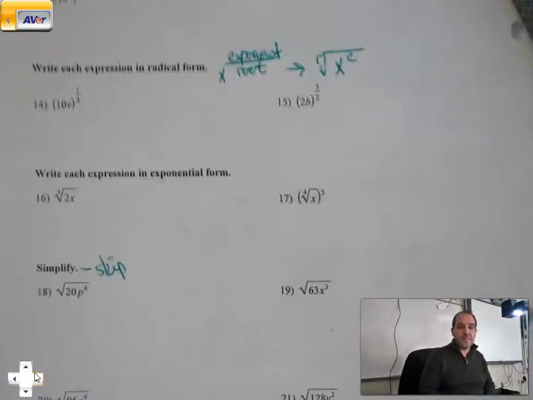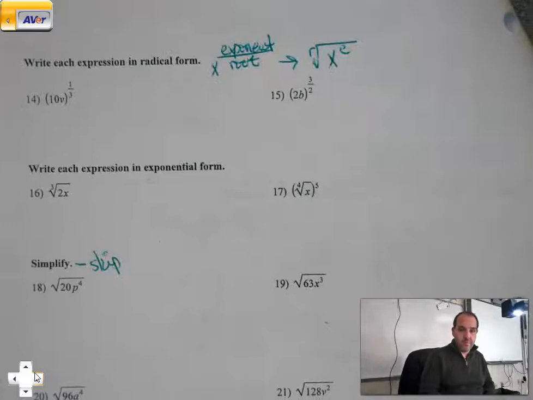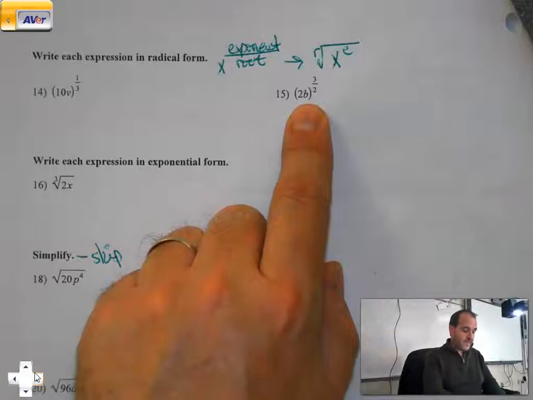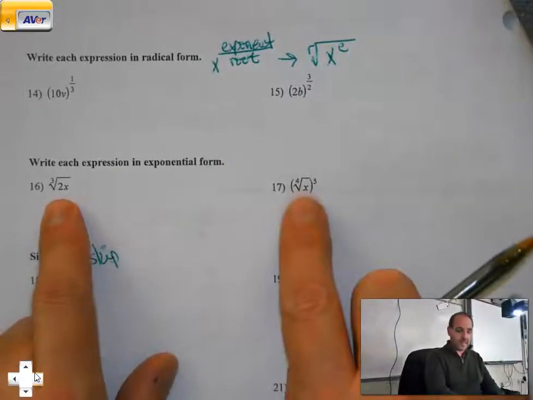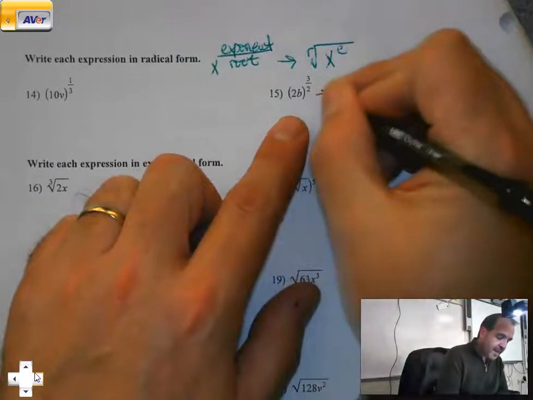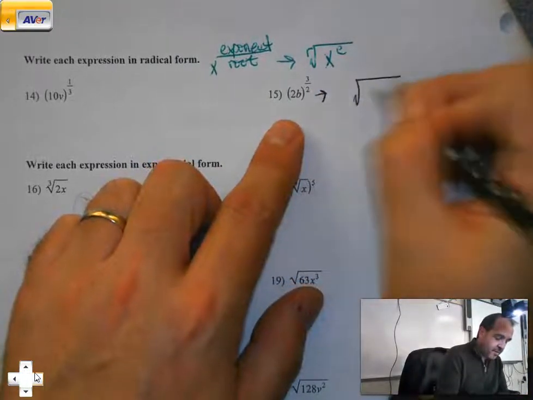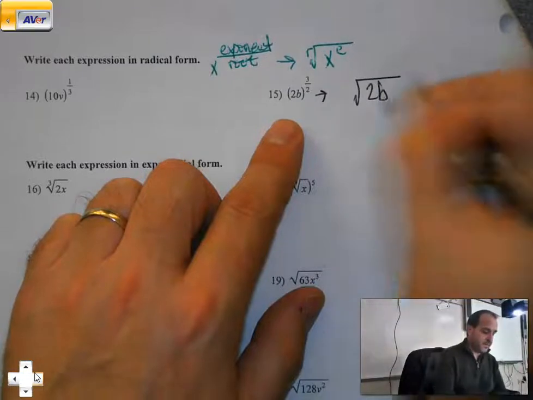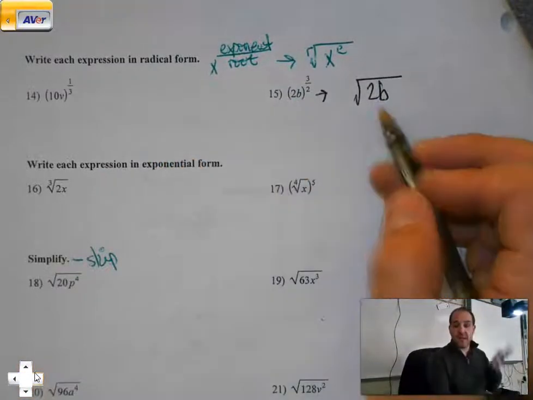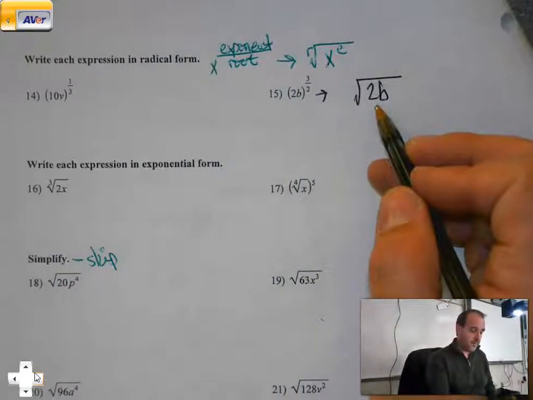Okay, write the expression in radical form. Right now it's in exponent form. When we say radical form, we want something that looks like these. So how do I do that? Well, in this case, on 15, we take whatever our base is. If it's 2b, if it was just a variable by itself, we'd put whatever that is under here.